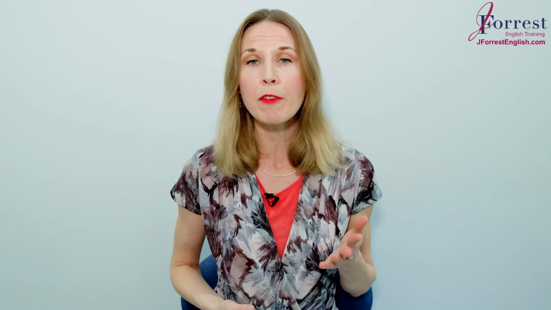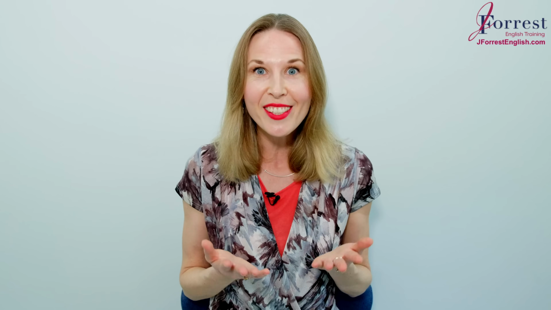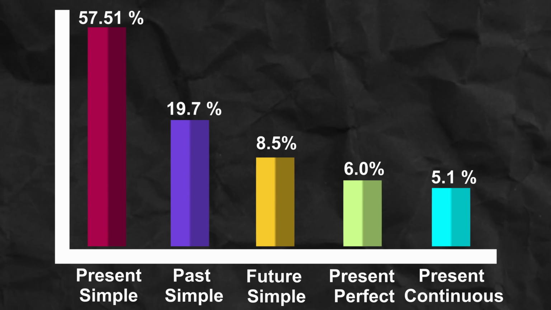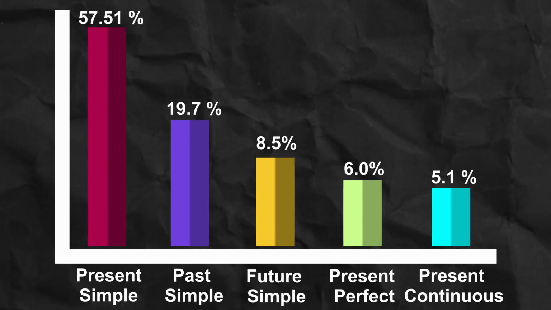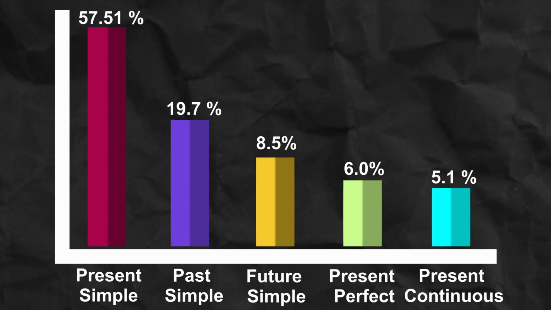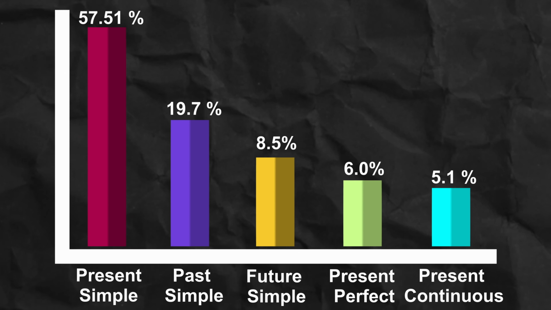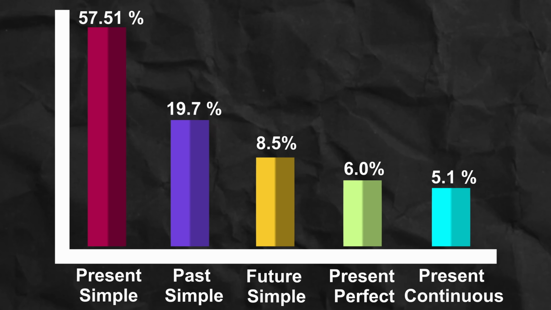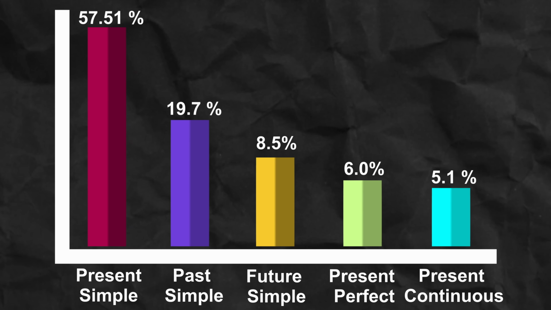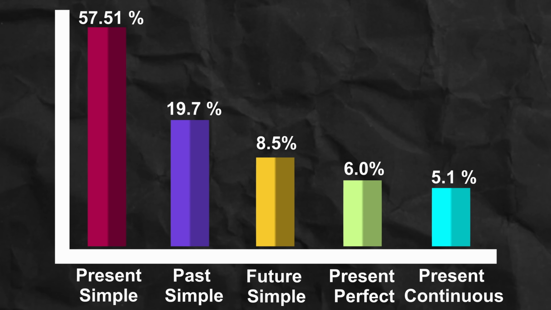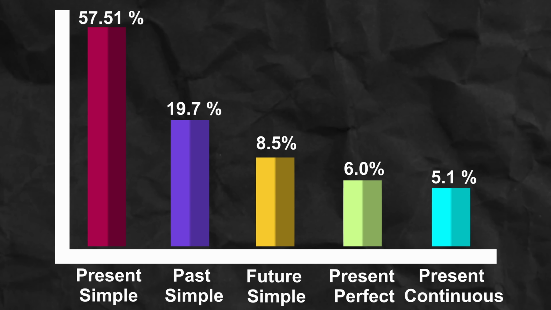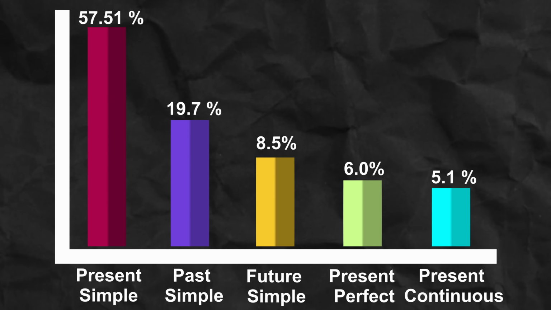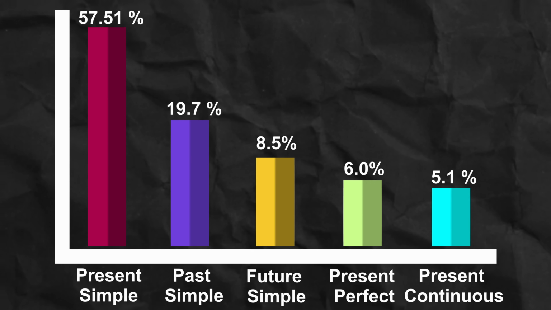Let's review the 5 verb tenses that make up over 96% of a native speaker's speech. The 5 verb tenses are the present simple, which makes up 57.51% of speech, the past simple, which makes up 19.7%, the future simple at 8.5%, the present perfect at 6%, and the present continuous at 5.1% of a native speaker's speech.